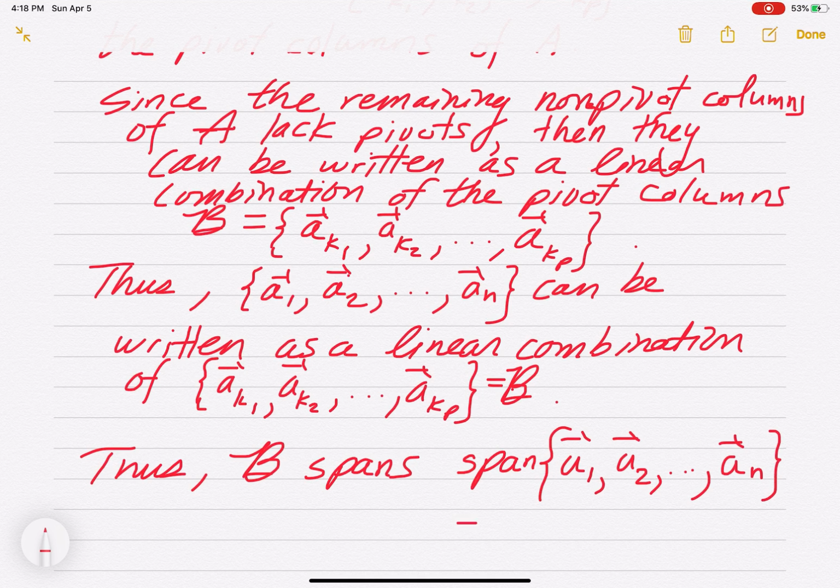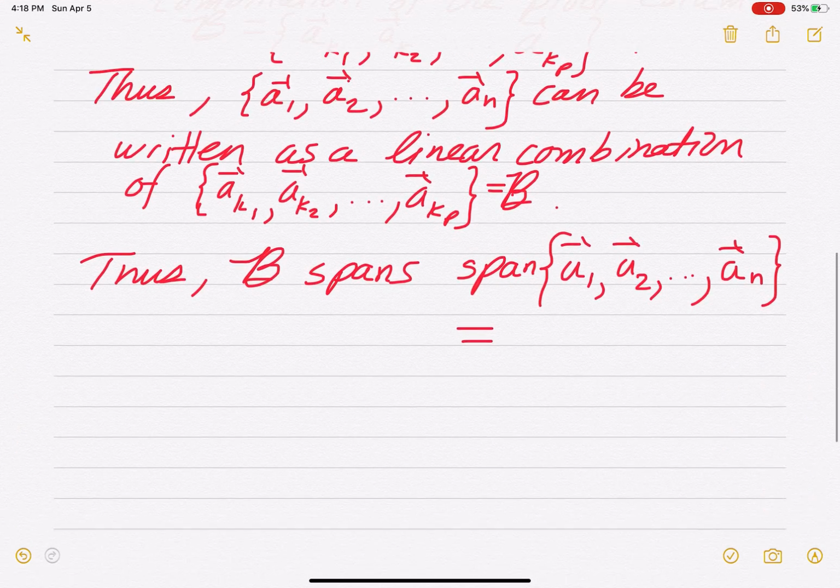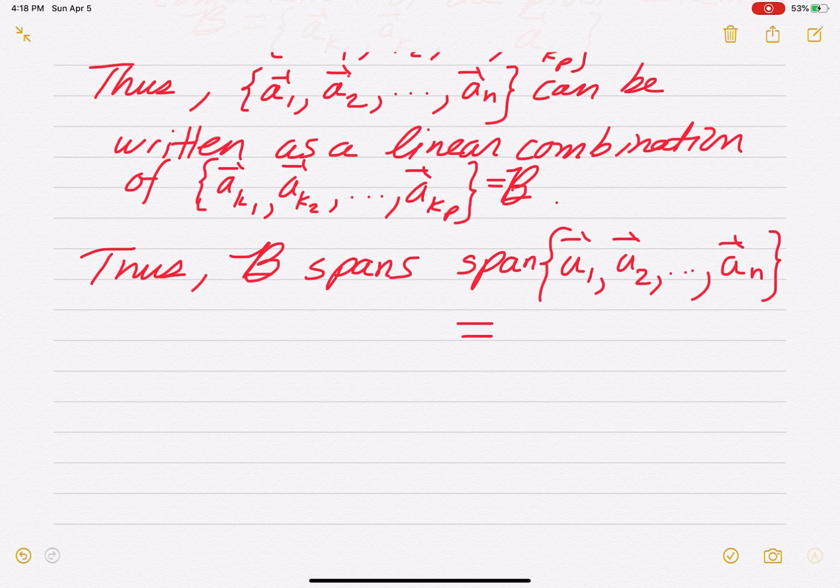Now, what's another name for the span of A1, A2 through AN? Well, that's all the linear combinations of the columns of A. That's just the column space, right? The column space of A. So B, our set of pivot columns, spans the column space of A.